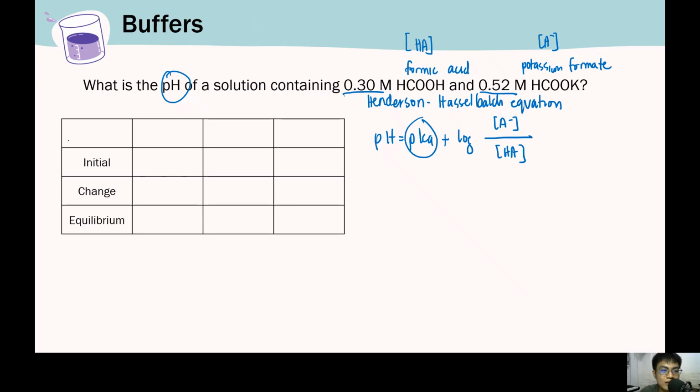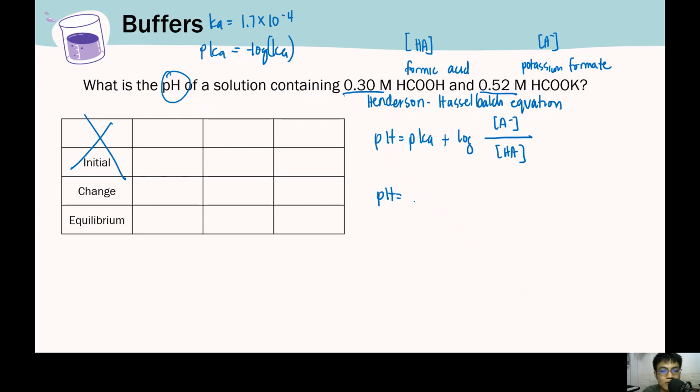You don't need an ice table. So, sorry, no need for that. So, that's the Ka. But what we are looking for is the pKa. Remember, whenever you see letter P, it just means that you get the negative log of your Ka. That's all. You just get the negative log of your Ka.